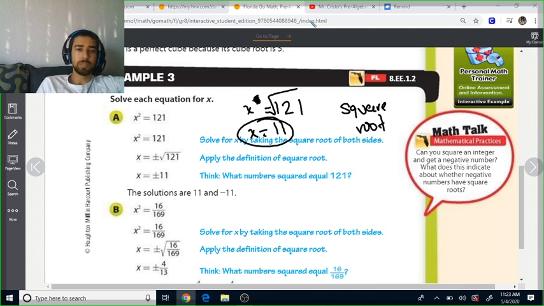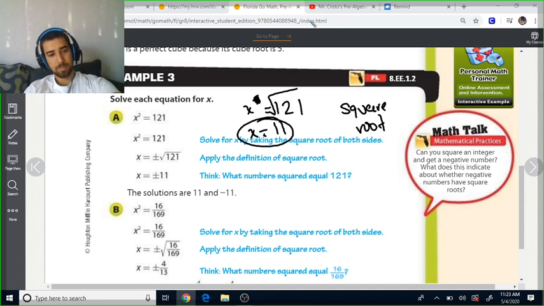What is the other square root of 121? You're not dividing anything by itself. Okay, I'll go back.